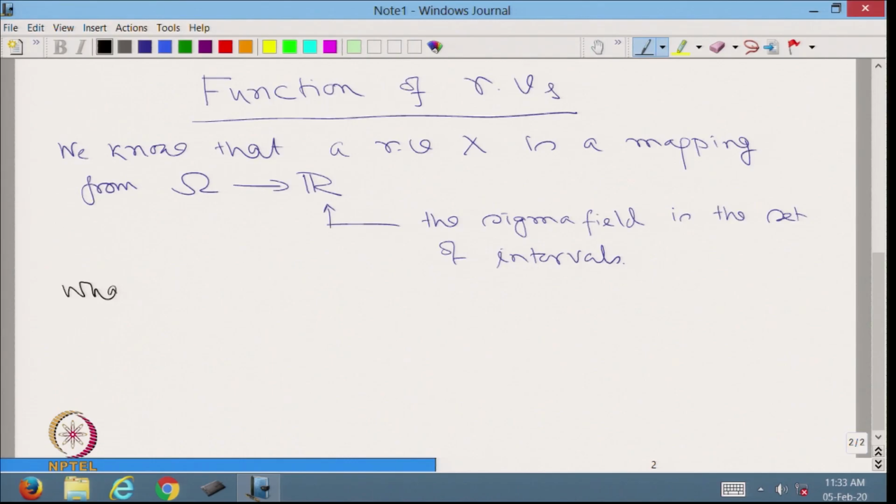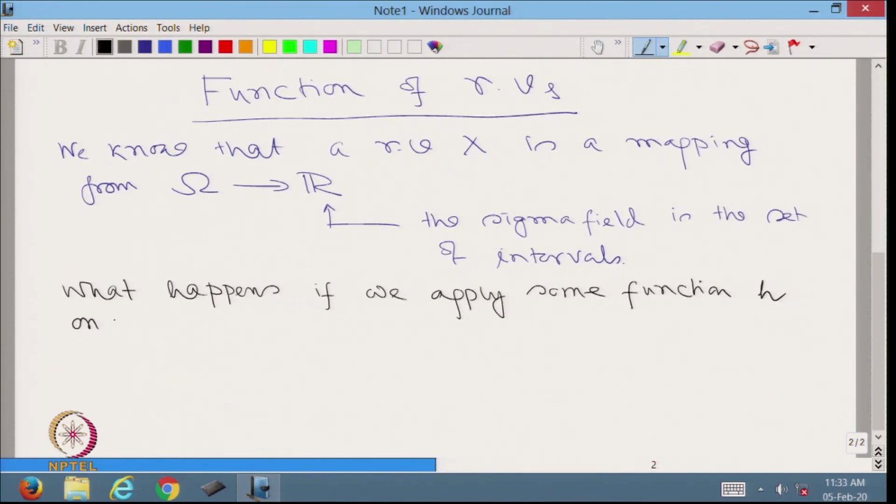Now, what happens if we apply some function h on X? Let Y is equal to h(X) be the function.